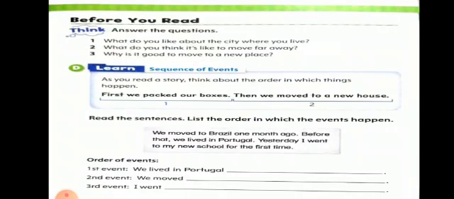Before that, we lived in Portugal. Yesterday, I went to my new school for the first time. So, sequence of events makes you understand and appreciate a story or a narration, and one should be able to understand the sequence of events in that.